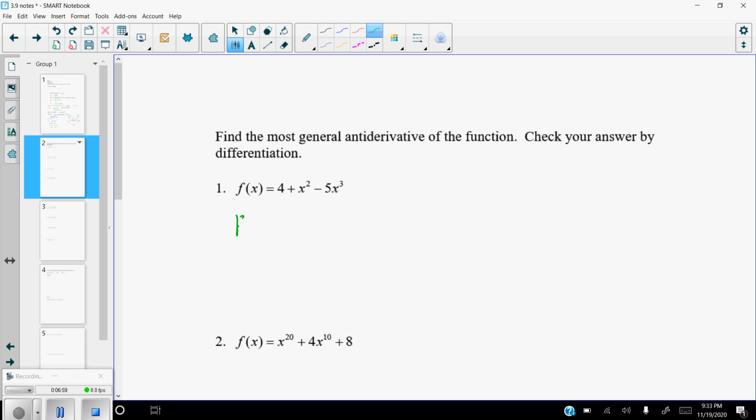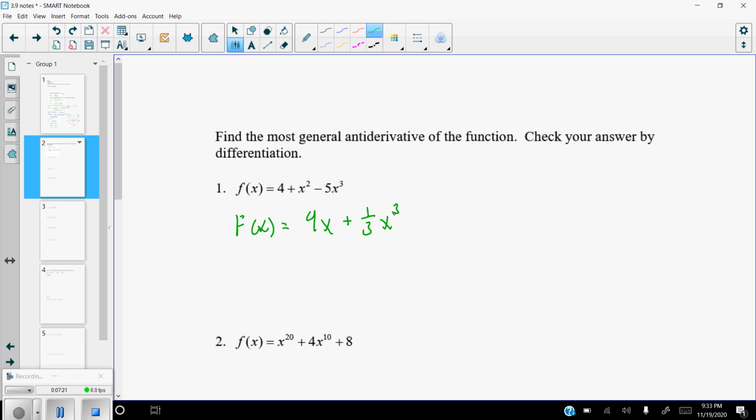So if we were going to take the antiderivative of 4 plus x squared minus 5x cubed, you might have to do a little bit of thinking here. So what would the antiderivative have to be to get 4 as a derivative? Well, you'd have to have a 4x. We've already done the x squared. We did that on the other side, and we said that was 1/3 x cubed.